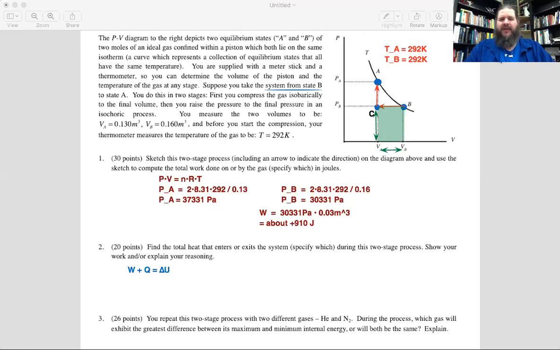Yeah, the temperatures are the same, A and B, even though there's some changes in between. So this is not an isothermal process, but we start at 292 Kelvin and eventually we end at 292 Kelvin. And delta U only cares about initial and final values. So ignoring everything that happens in between, initial temperature and final temperature are the same. So delta U is 0.